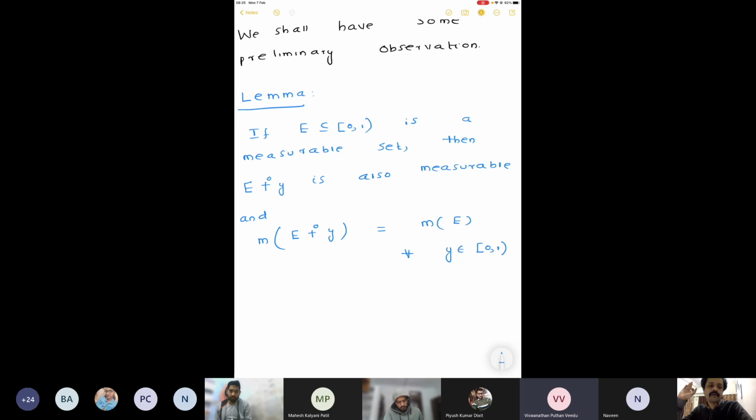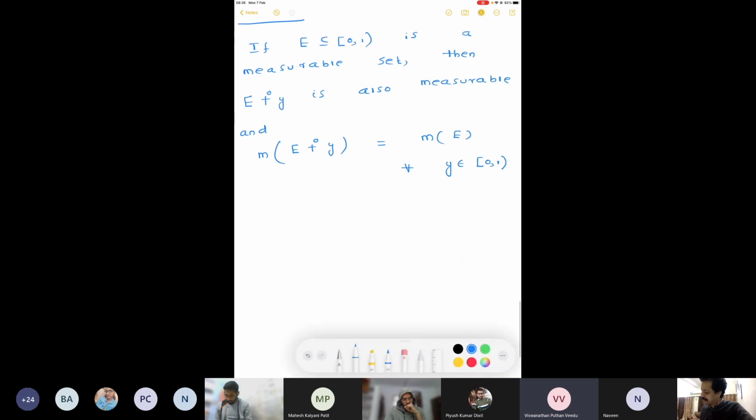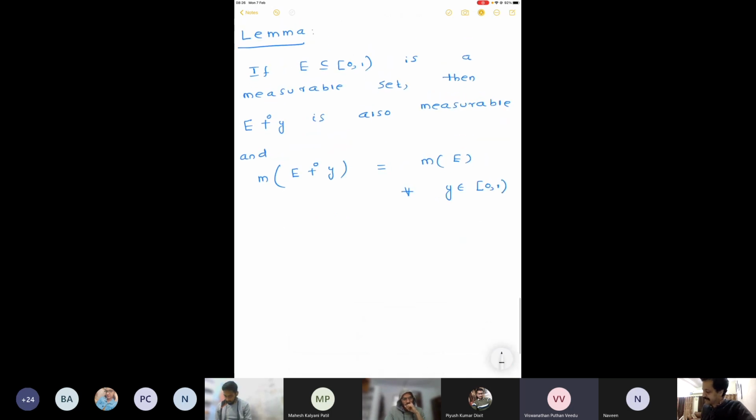Please bear in mind that we have not proved this. We have proved, or rather remarked, this only for ordinary translation. If E is a measurable set, E plus y will be measurable, and the measure of E plus y is equal to the measure of E, if it is ordinary translation. But here we have special translation. So this we will try to prove first and then proceed. Proof.